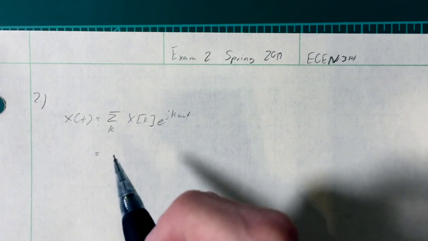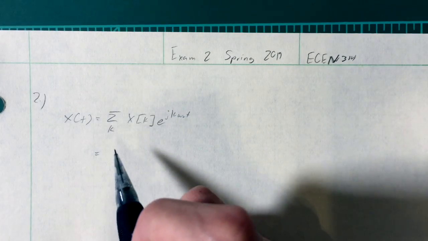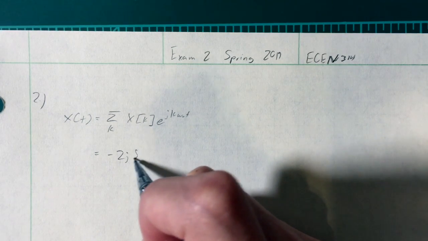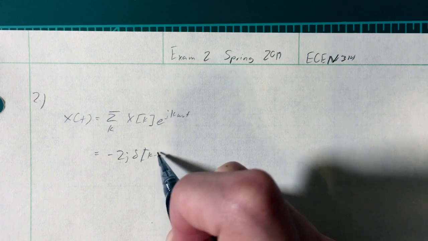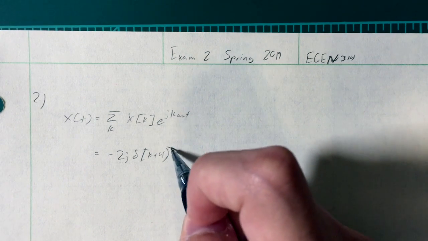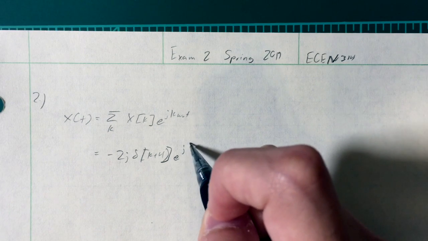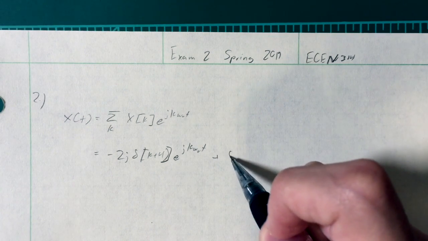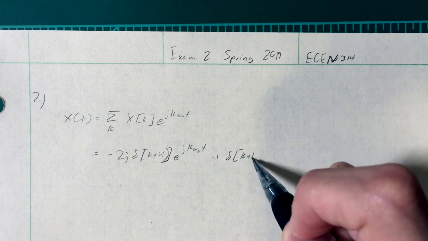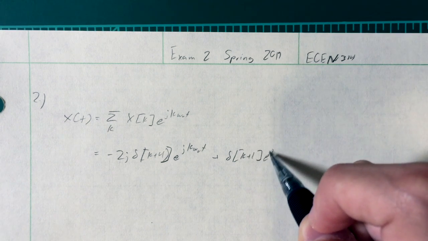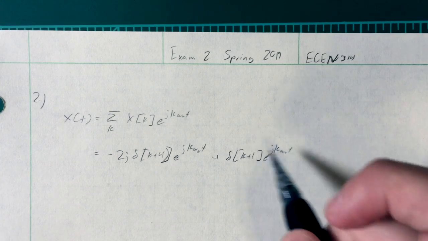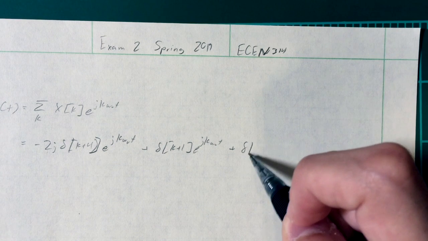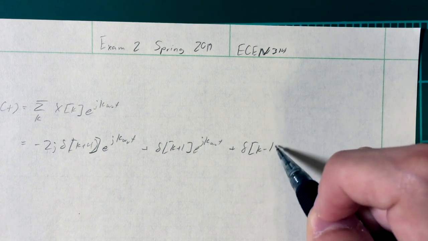Our expression for x of k was negative 2 delta of k plus 4, and I'm going to multiply that by e to the jk omega naught t, plus delta of k plus 1 times e to the jk omega naught t, and we're just going to keep doing this until we run out of jk terms.